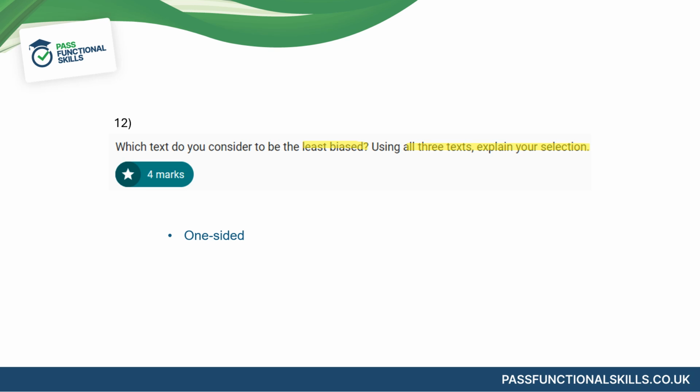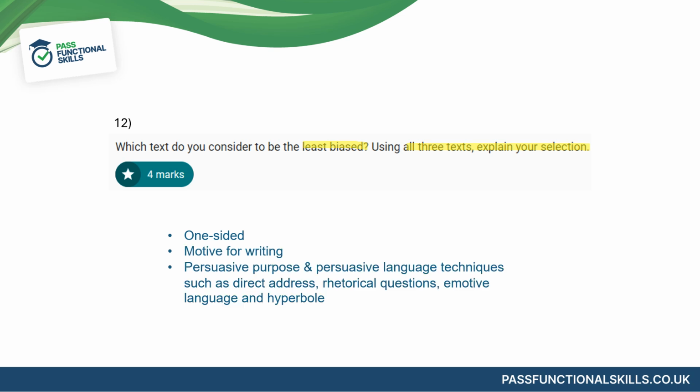Some other tips for thinking about if a text is biased is a persuasive text will always be biased. So if the writer is trying to convince you to do something or buy something, that text is always going to be biased. And also if we have lots of strong one-sided opinions from the author. A common misconception with bias is that facts mean that a text is not biased.